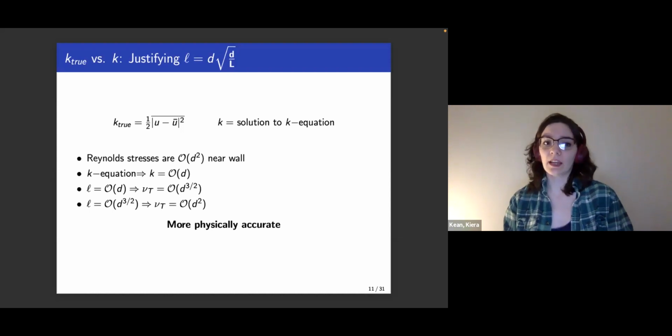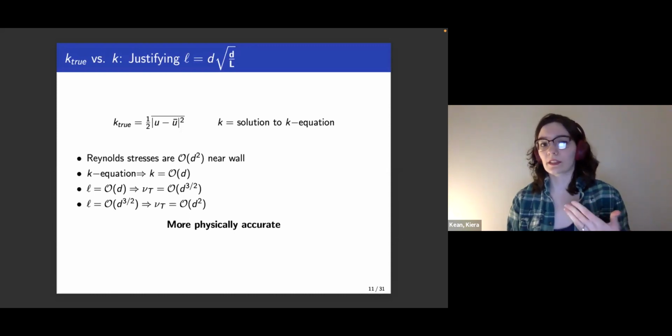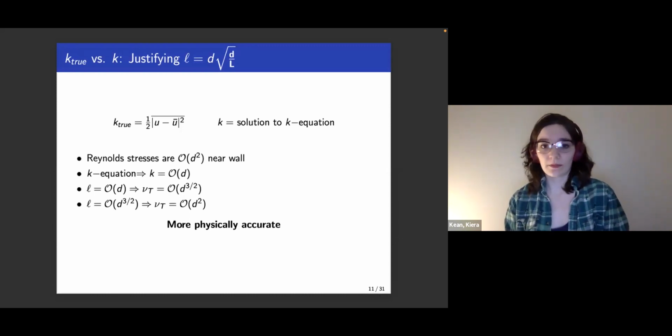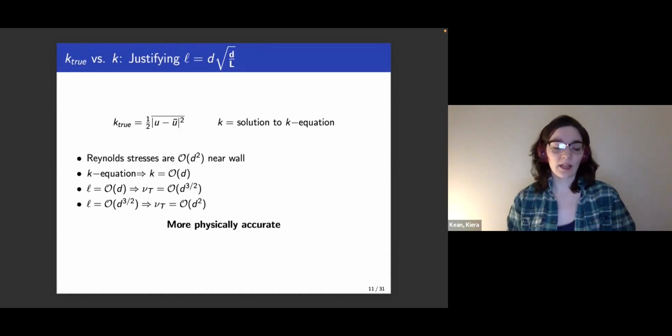So Reynolds stresses, which is what we're approximating, are order d squared near the wall. But for the K equation, our boundary conditions don't give us any information about K's derivatives. It does not go to 0 at the wall like d squared. At best we have order d, or couldn't expect more than that.